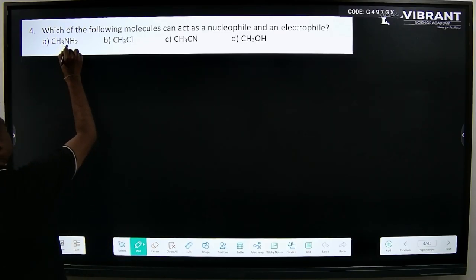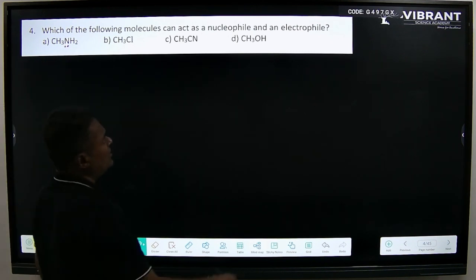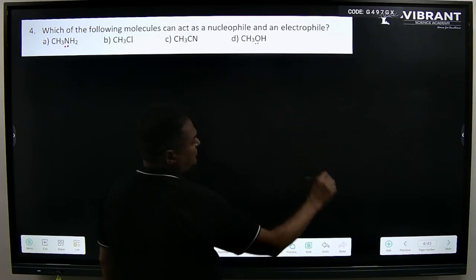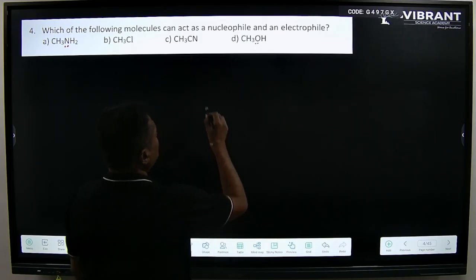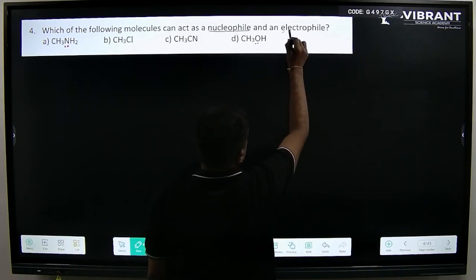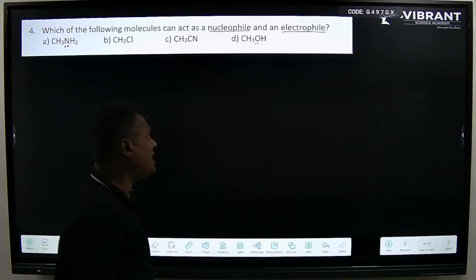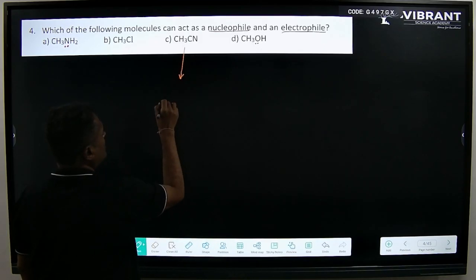Can I say that this one has a nucleophilic center, that is, a nucleophile? Wherever you see, in this case also you have oxygen which contains a nucleophilic center, correct. But now what is the thought process? You should have a nucleophile as well as an electrophile, meaning the same compound should have both centers.